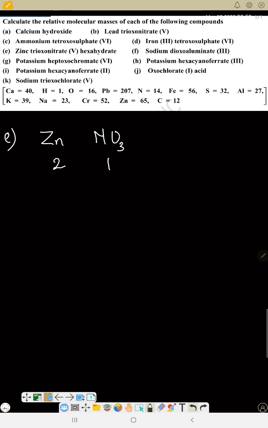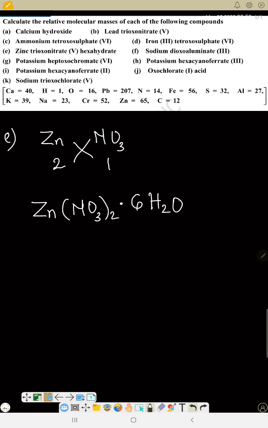Zinc, the valency is 2. So do your crisscross. So you have Zn, that is zinc, and nitrates. So hexa is 6. Hexa is 6, hydrate is water, H2O. So that's it.